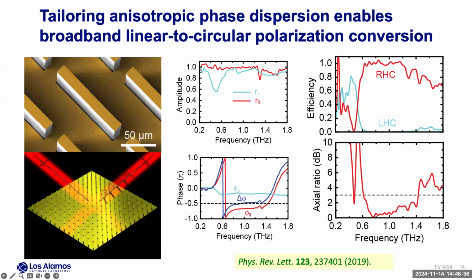So that basically gives you right-hand circularly polarized light over a specific broadband wavelength regime in the terahertz, and almost no left-hand polarization. So again, this is an optical component that's hard to develop using natural materials, but metasurfaces allow you to do this.